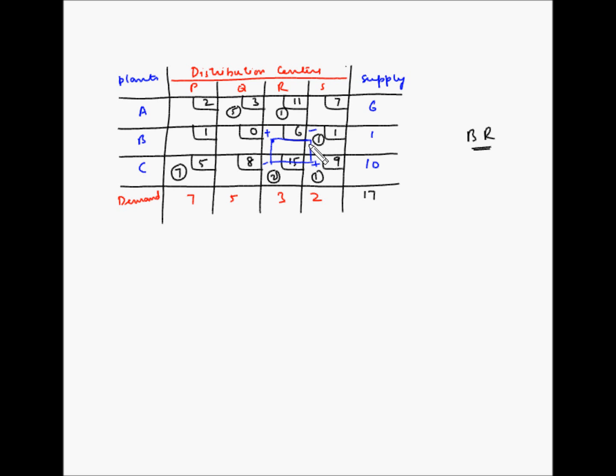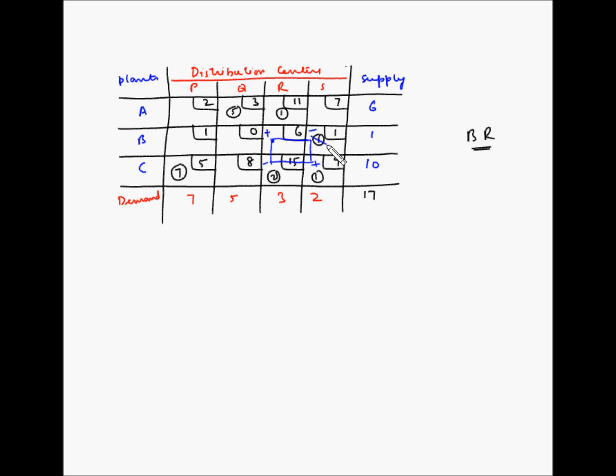Now subtract the smallest of the figures from each square at the negative sign on the closed path. So the smallest figure between BS and CR is 1. So we'll subtract 1 unit from BS and CR and add 1 unit to BR and CS.